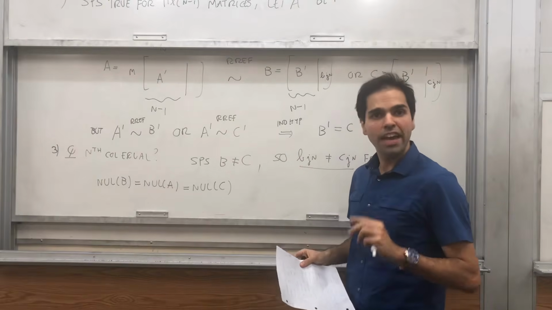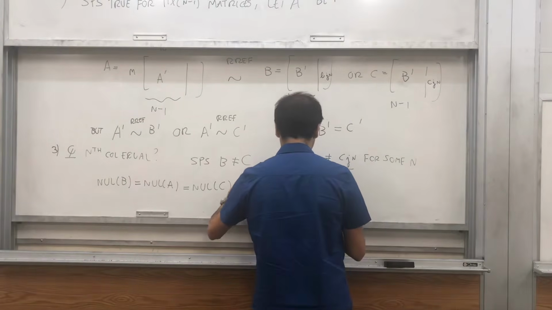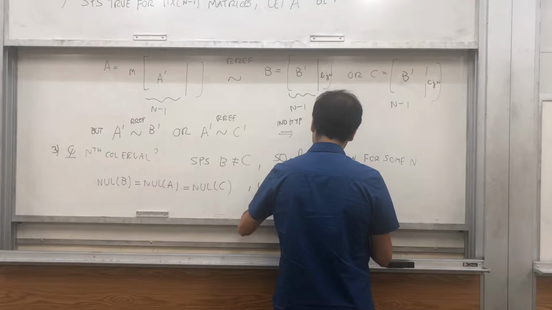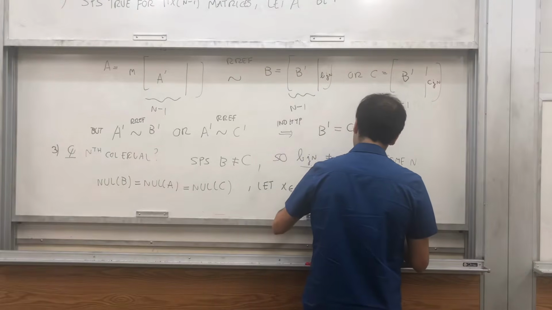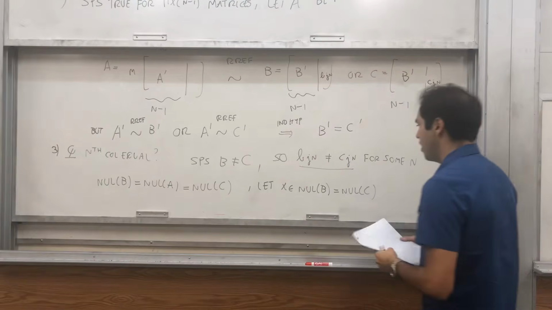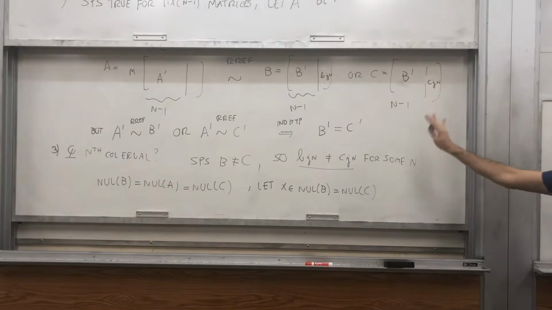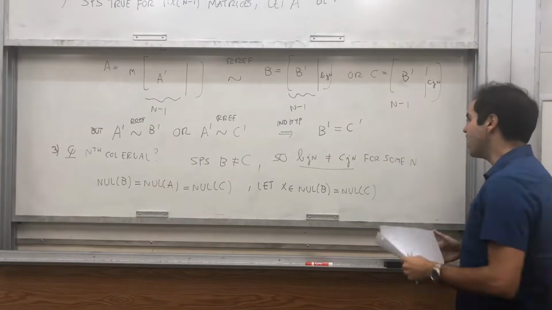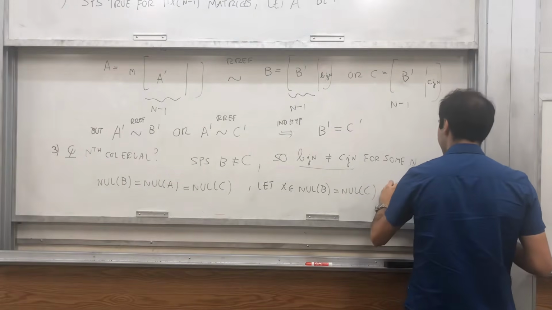So let's pick a vector that is in both of the null spaces. So let X be in the null space of B, which equals the null space of C. And X could be the 0 vector. That is not a problem at all. So possibly X equals 0.